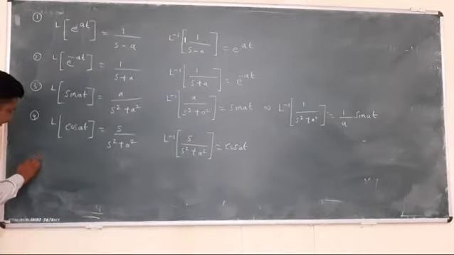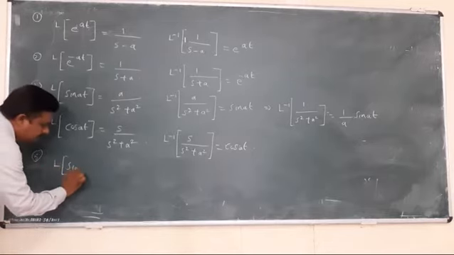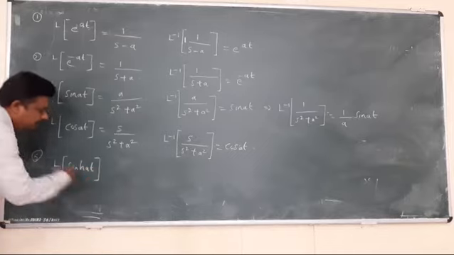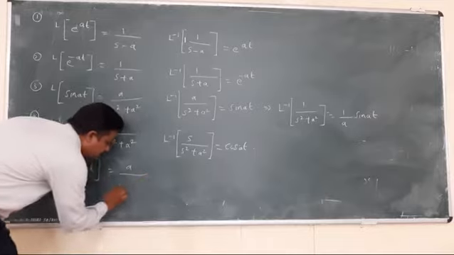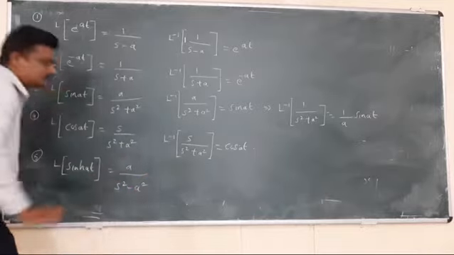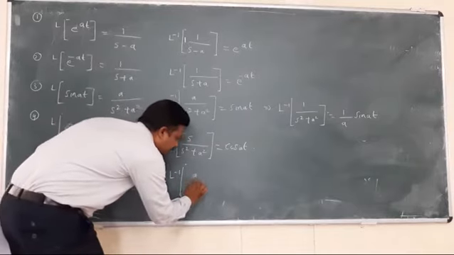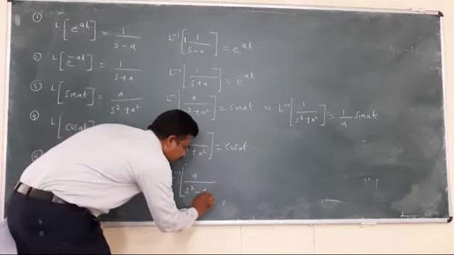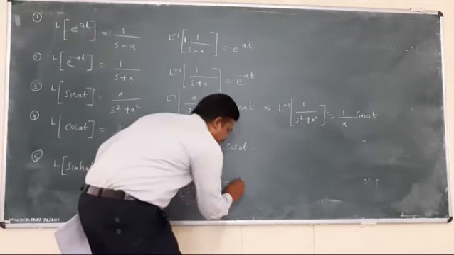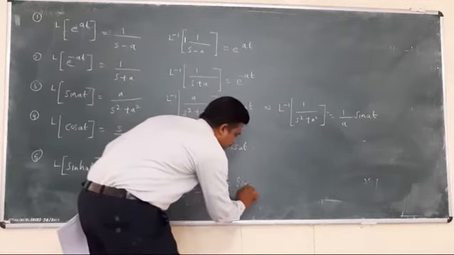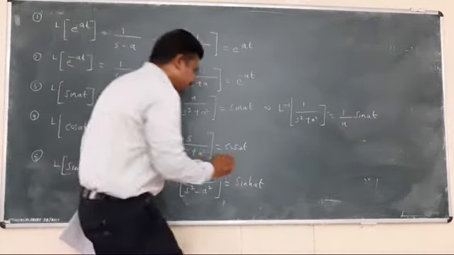Next formula is Laplace of sin hyperbolic of at is equal to a upon s square minus a square. Therefore L inverse of a upon s square minus a square is equal to sin hyperbolic of at.